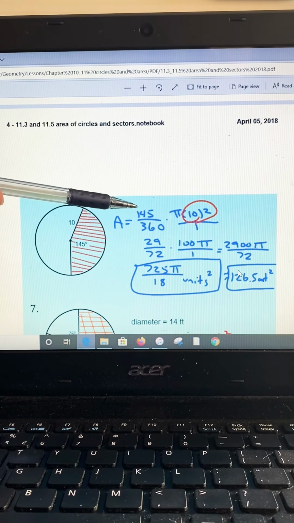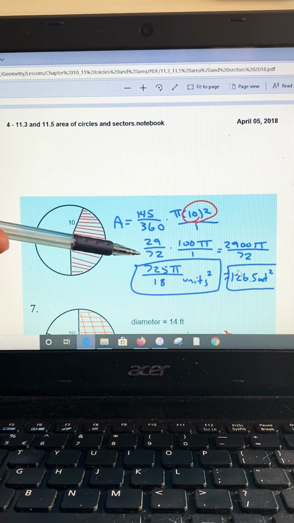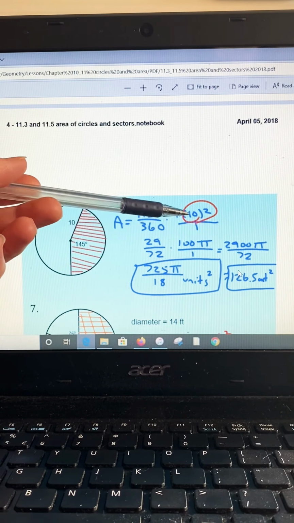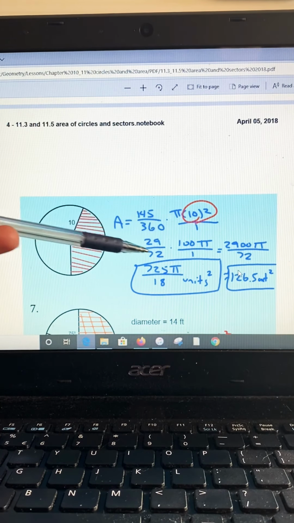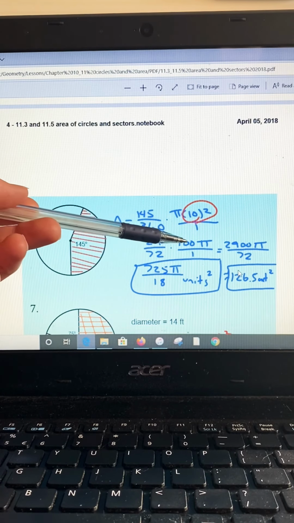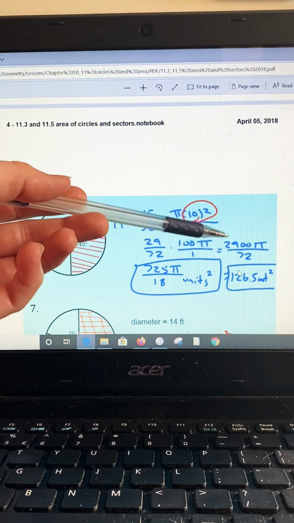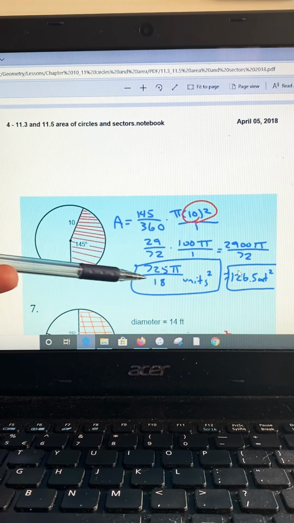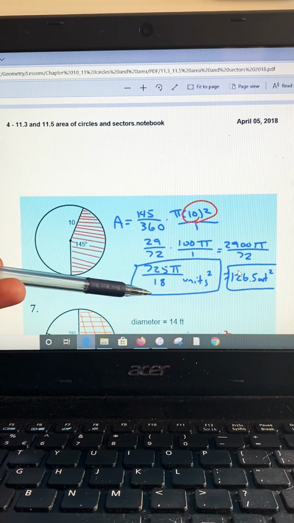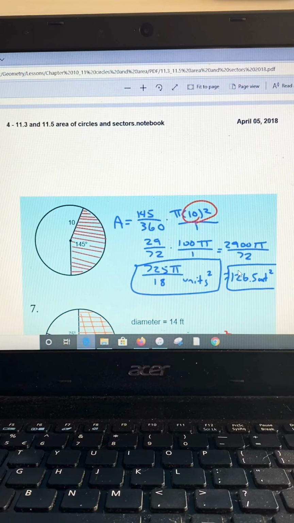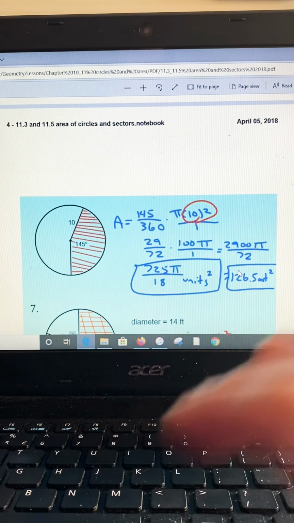I reduced 145 and 360 to 29 over 72. And then 10 squared gets me that 100. So this fraction times 100 gets me this, and then I reduce that to get this. That's the exact answer. And I went ahead and gave you the nearest 10th answer, which is right there. Please make sure you know how to type that accurately. Test that with your calculator, and push pause if you need to.